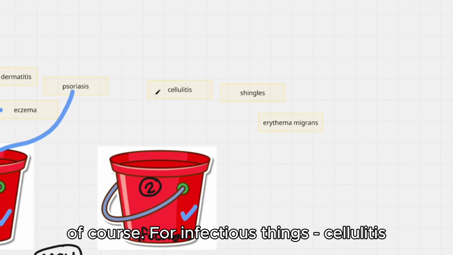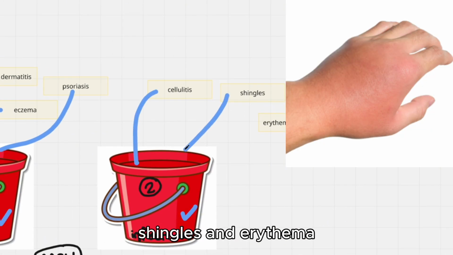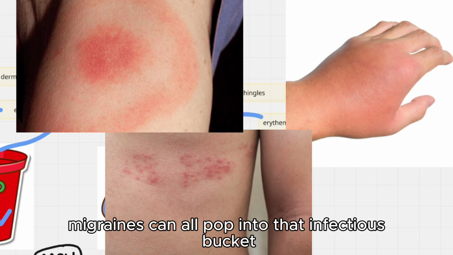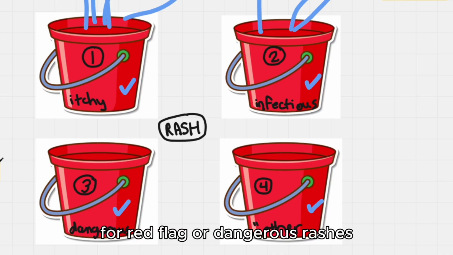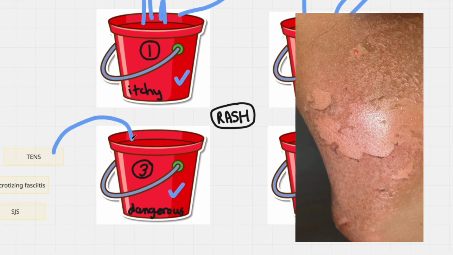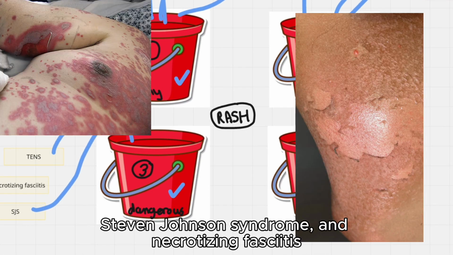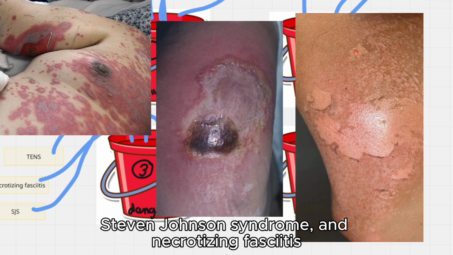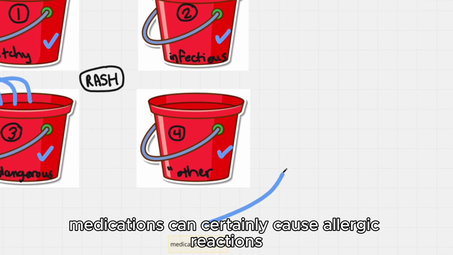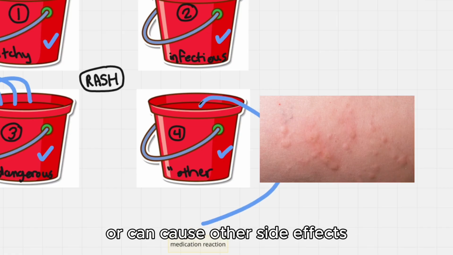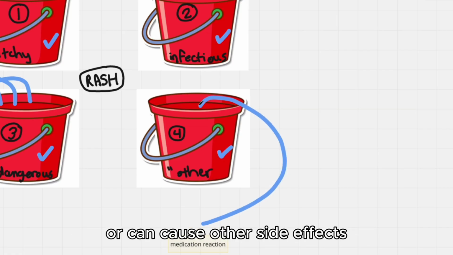For infectious things, cellulitis, shingles, and erythema migrans can all pop into that infectious bucket. For red flag or dangerous rashes, we think of things like toxic epidermal necrolysis, Stevens-Johnson syndrome, and necrotizing fasciitis. And in that other bucket, medications can certainly cause allergic reactions or can cause side effects.